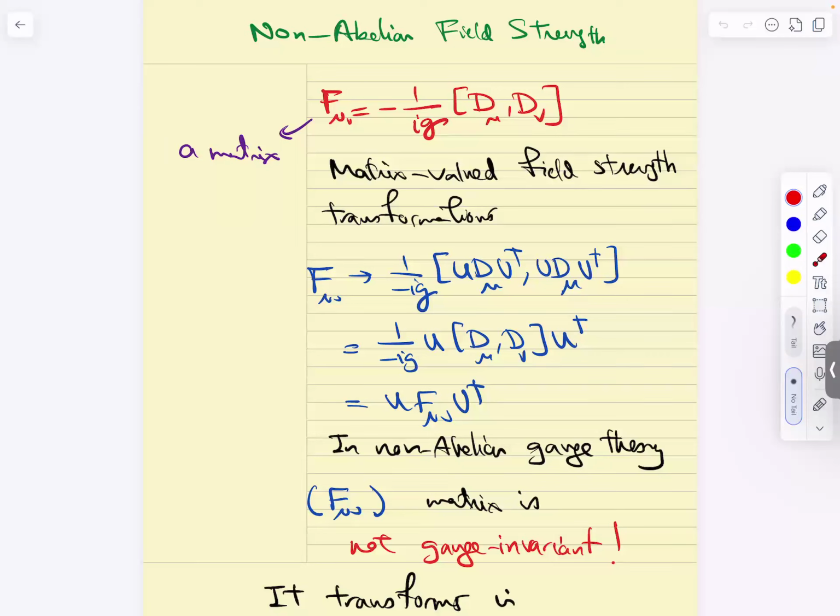A particular space-time component of F mu nu is just a field for electrodynamics. For non-abelian gauge theory, a particular space-time component of F mu nu will be a matrix valued field, right?